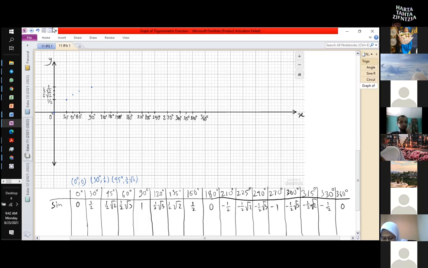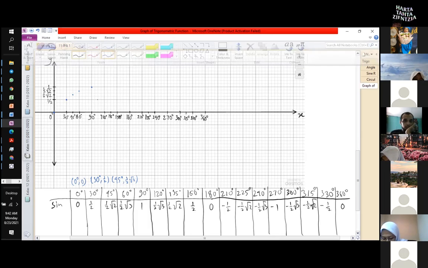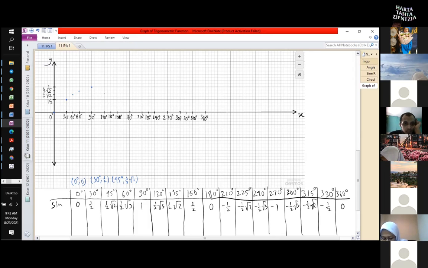Okay, so let's go back. 120, so it's again 1/2 square root of 3, so it's the same height as this point. I shouldn't have done that. It's around here, and then 135, it's 1/2 square root of 2. Probably around here.